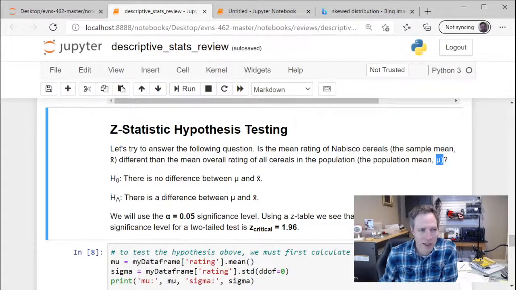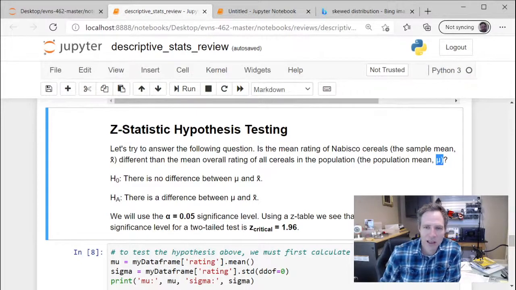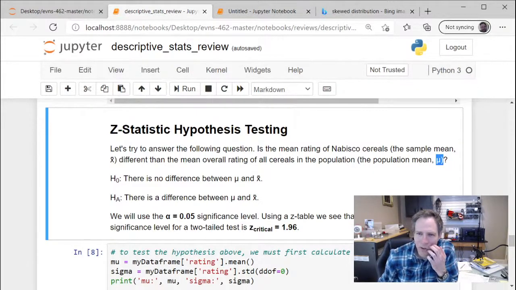And the alternative then would be that there is a difference between those two. So we're going to use the alpha equals 0.05 significance level, and we'll use a z-table to look up the critical value. One question you need to answer before you proceed is, is this a one-tailed or a two-tailed condition in this example?